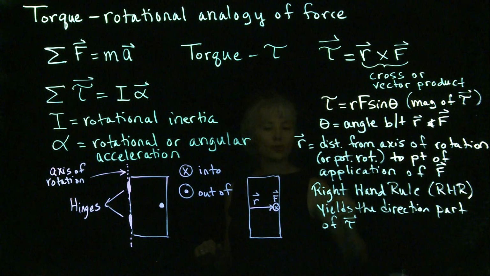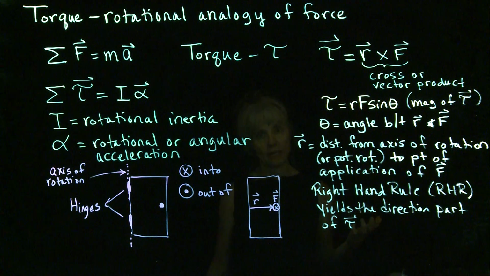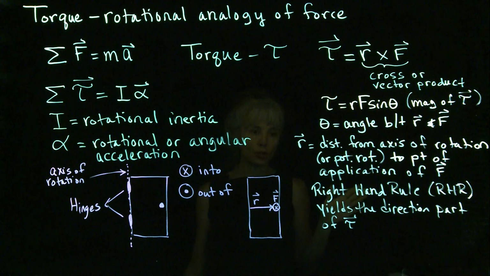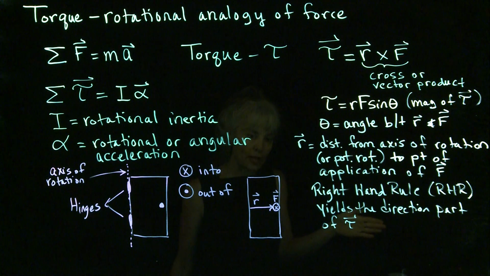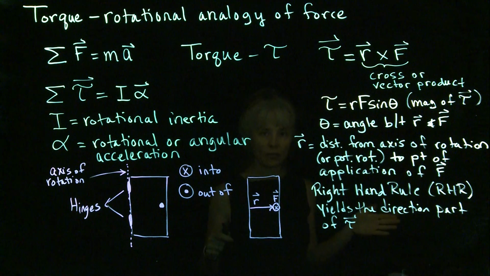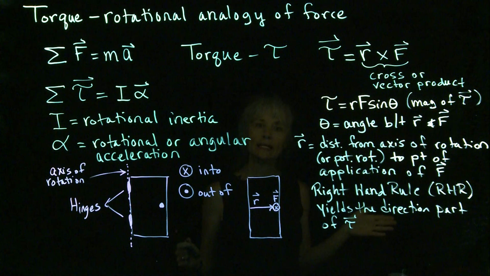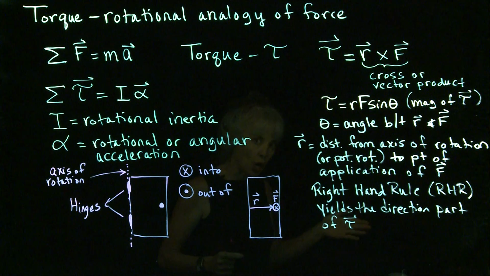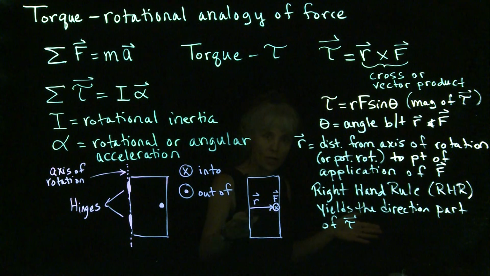The right-hand rule is the following. You use your right hand. That's why it's called the right-hand rule. And you place your right hand completely straightened out in the direction of the first vector that's in your cross product. So we look at our cross product and we see the first vector that's in our cross product is R. So we put our hand in the direction of the first vector.